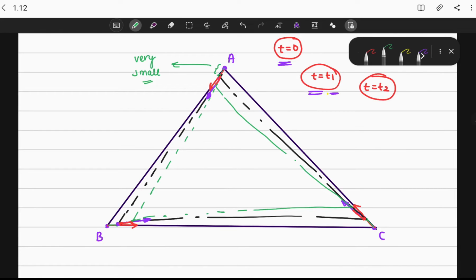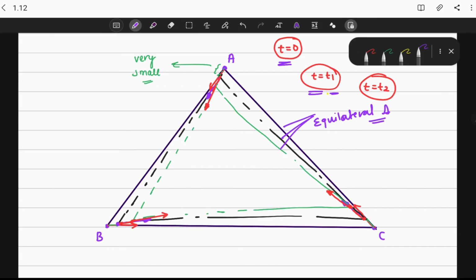Particle A is moving towards point B, B is moving towards point C because C has reached here, and C is moving towards point A. If we observe carefully, we can realize that these are all equilateral triangles.